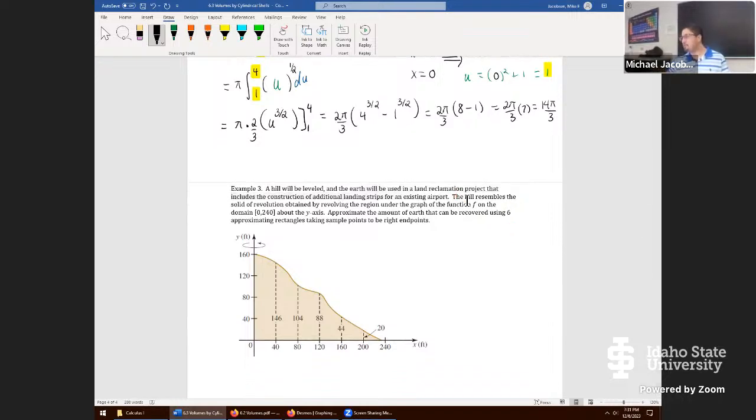It says the hill resembles the solid of revolution obtained by revolving the region under the graph of the function f, this function right here, on the domain from 0 to 240, so that's in feet, about the y-axis. So the claim is that this pile of dirt is extremely symmetrical.